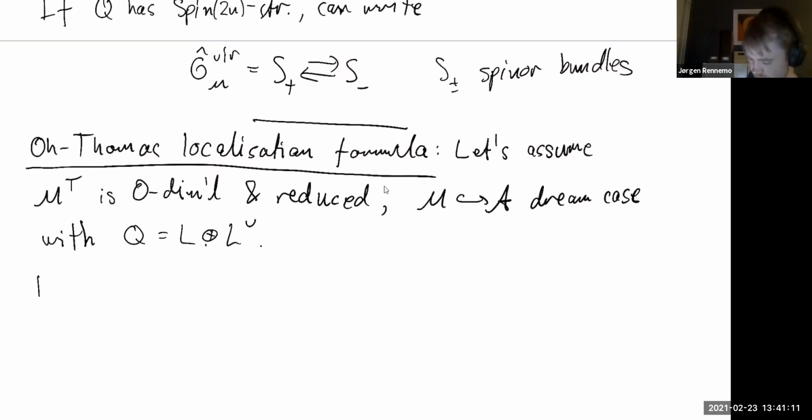Okay, so in that case, what does the Oh and Thomas formula reduce to?